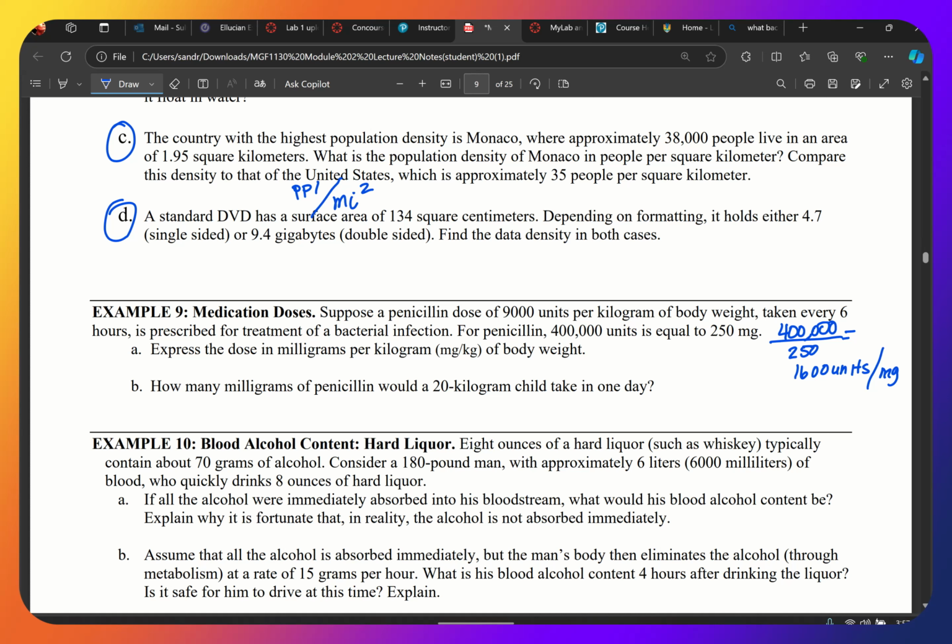And that took care of that data info. Well, 9,000 units per kilogram. If 1,600 units is 1 milligram and I have 9,000 units, then how many milligrams will I have?